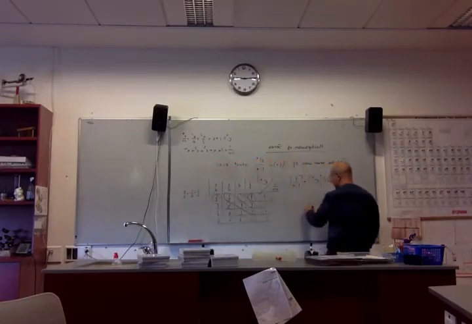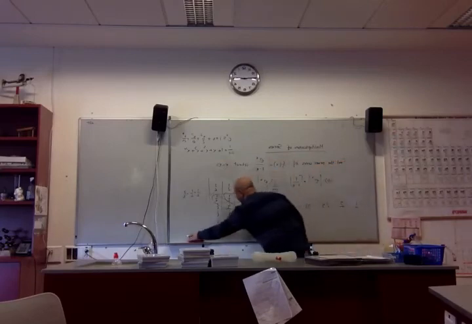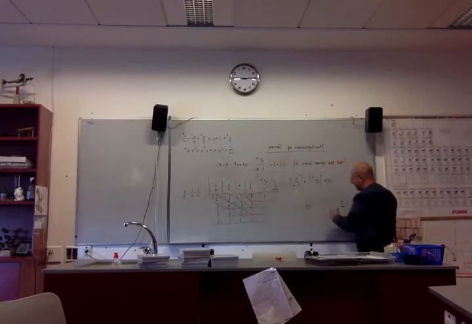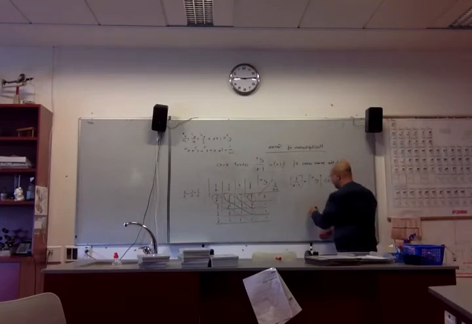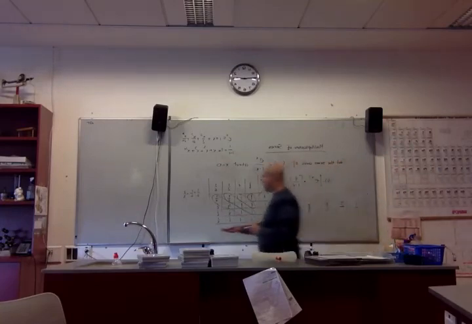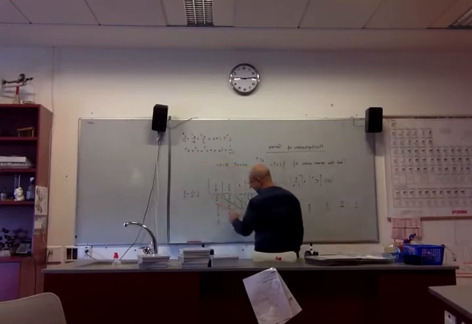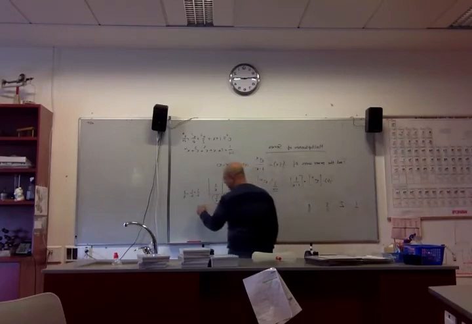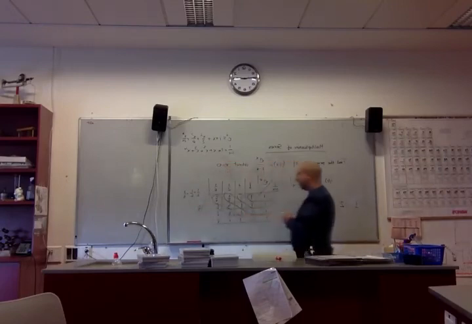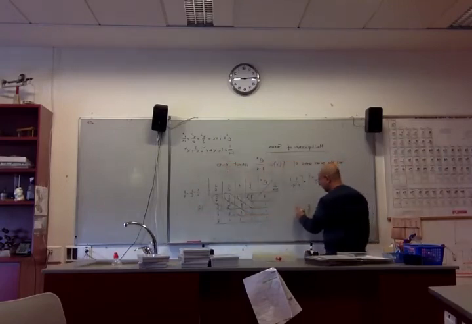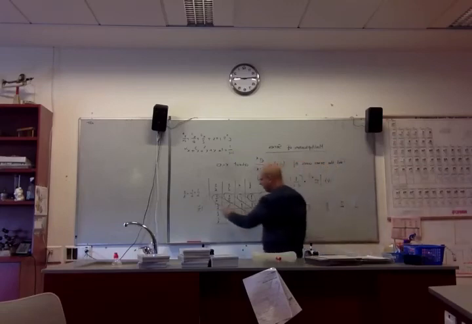We don't like decimals; this is 5 halves, and this will be 8 thirds. Okay, we'll do it in fractions. Then 1 half plus 1 sixth is 2 thirds. 1 and 2 thirds is going to be 5 thirds. And then 2 over 3.